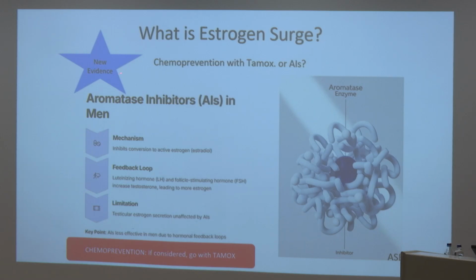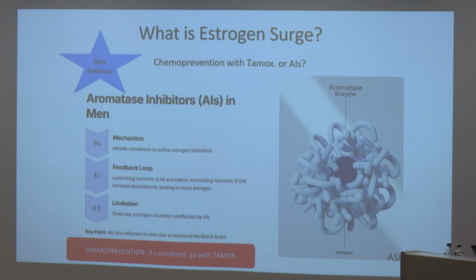It's very new evidence since they did not publish this yet, but they say that when you prescribe aromatase inhibitors to men, they first increase LH and FSH, then they increase testosterone, but they also increase estrogen, so they do not suppress any estrogen levels. And you cannot suppress the testicular estrogen secretion with aromatase inhibitors.